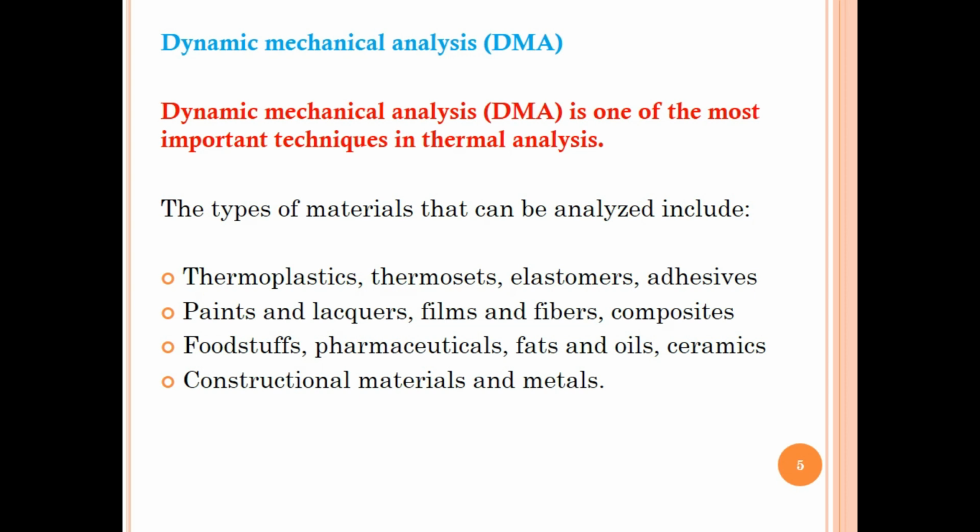The types of material that can be analyzed include thermoplastics, thermosets, elastomers, adhesives. A thermoplastic is a material, usually a plastic polymer, which becomes softer when heated and harder when it is cooled. These types of material can be cooled or heated several times without any change in their chemistry.